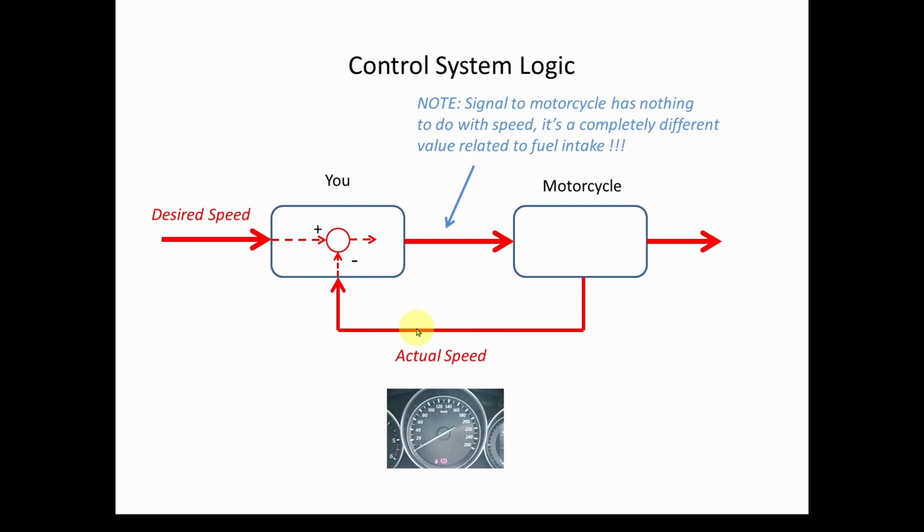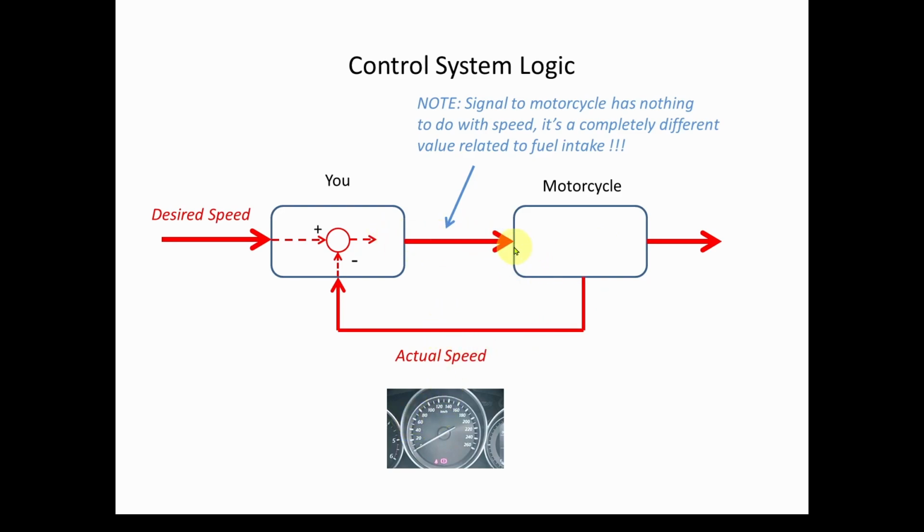As the motorcycle accelerates, we're talking over time. You keep watching the speed, and if the speed is increasing towards 60, you're letting back on the throttle or closing the valve a little bit more, but you're not giving the motorcycle a fixed value. You're getting a feedback loop where, over time, you are working with the machine, the motorcycle, to come to the actual speed.